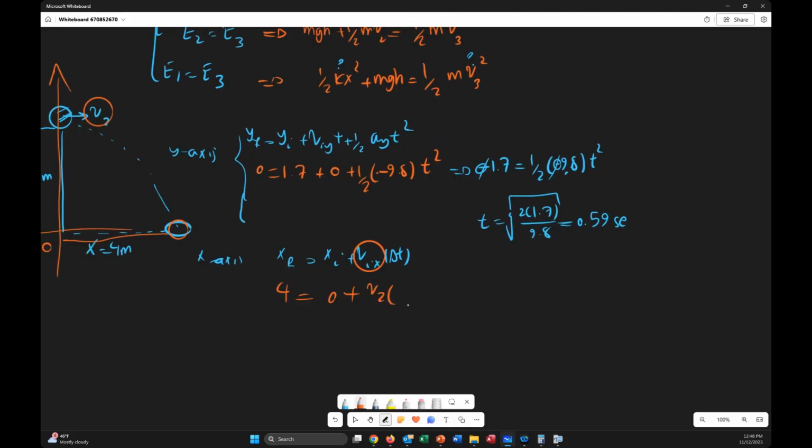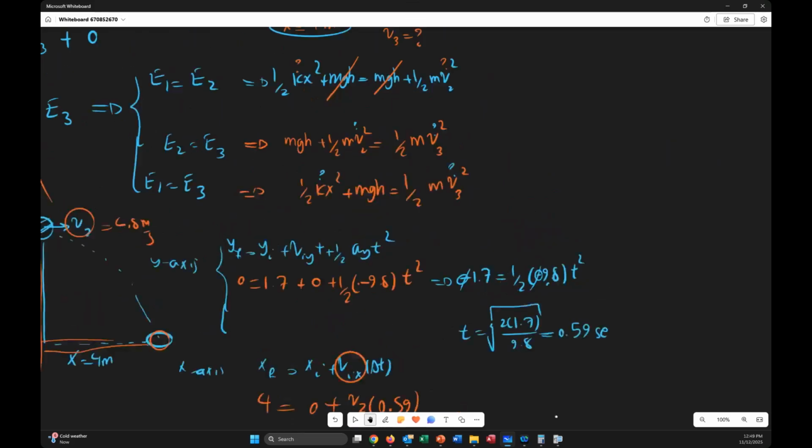What is the time? 0.59. So V2 is going to be 4 divided by 0.59. Calculate this value: 6.8 meter per second. Now go back to your problem.